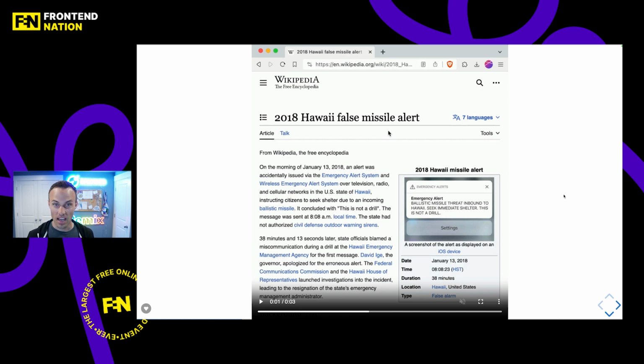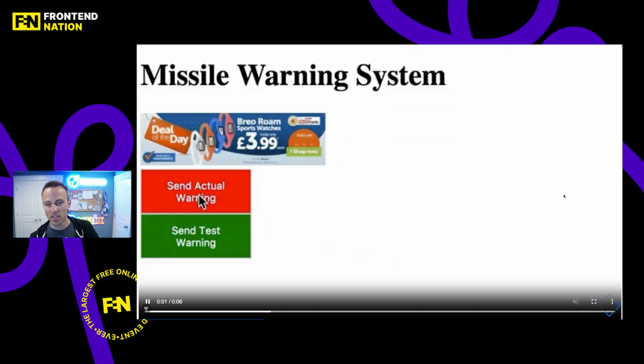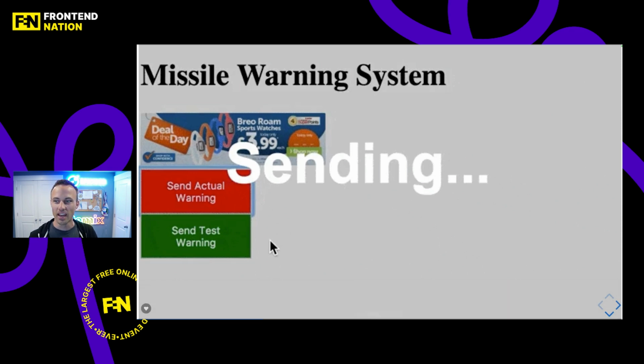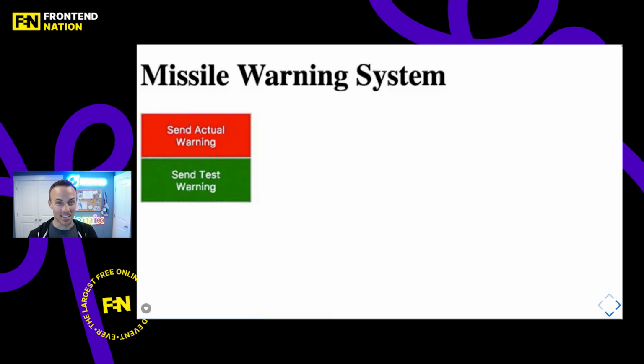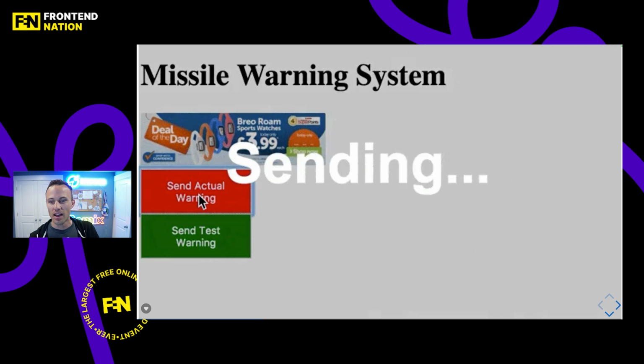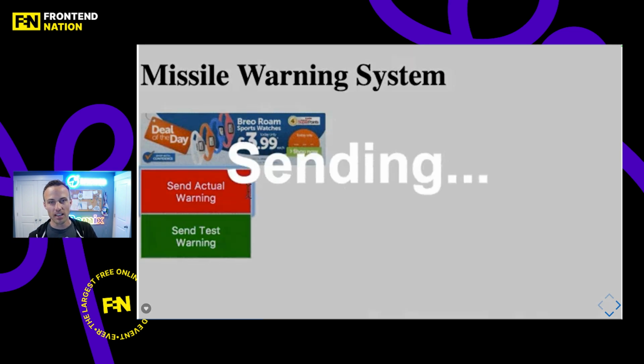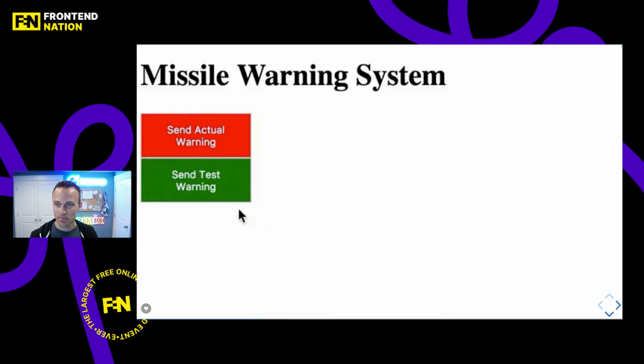And so at that time, somebody put together an example of what might have happened. I don't think this is actually what happened, but it was just kind of a funny thing. Like, maybe they went to send the test warning and then an ad popped up in place before they clicked and they ended up clicking the actual warning. Like I said, I don't think that's actually how this happened, but this is another example of the lie. And so the user's trying to click on send test warning, then the layout changes. So maybe this is getting you a little bit closer to the lie that I'm talking about.